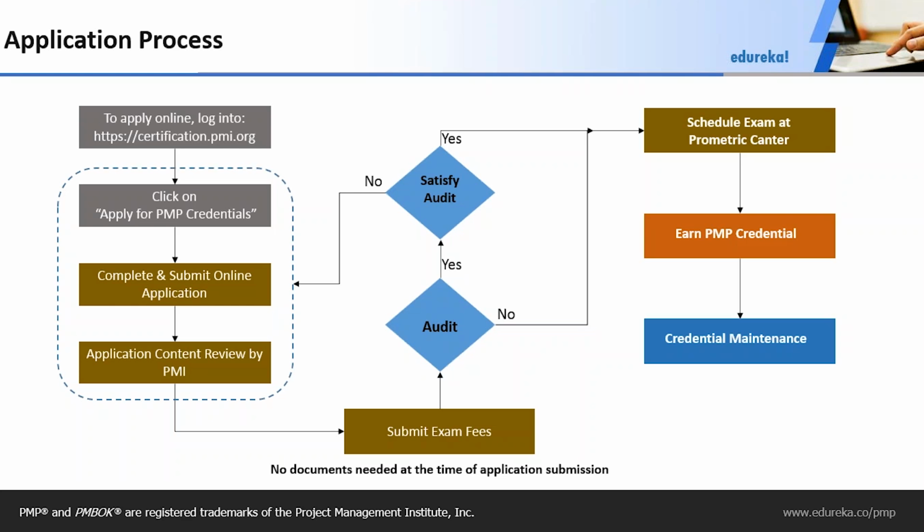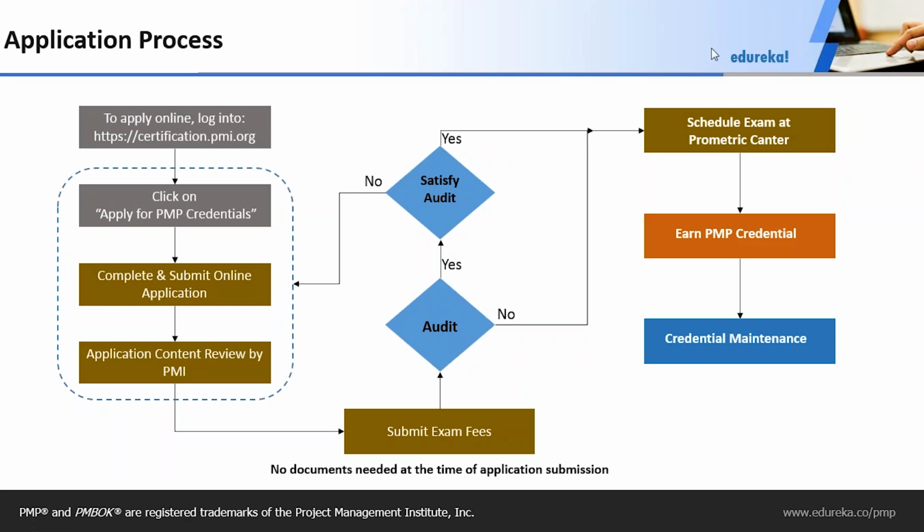And once you submit the fee, the moment you submit the fee, then PMI is going to pick up 20% of the applications on random basis for audit. No one has any clear information that what criteria they use. It is purely on a random basis. The moment you make the payment, you will get to know immediately if your application is picked up for audit or not.